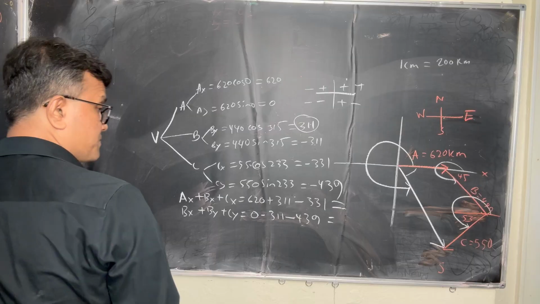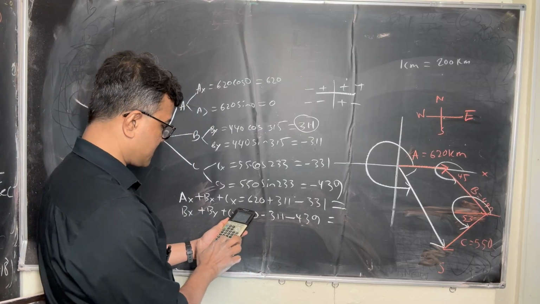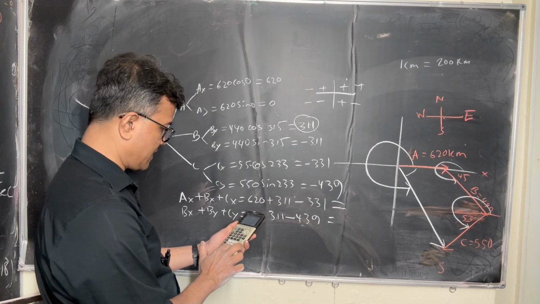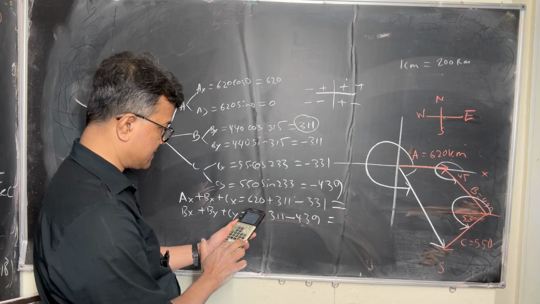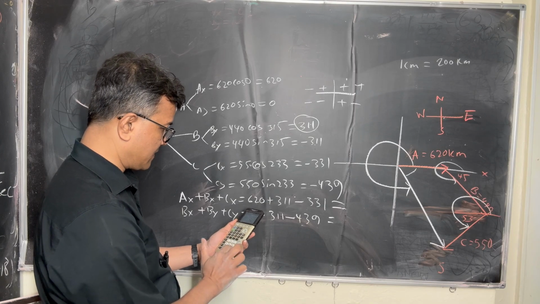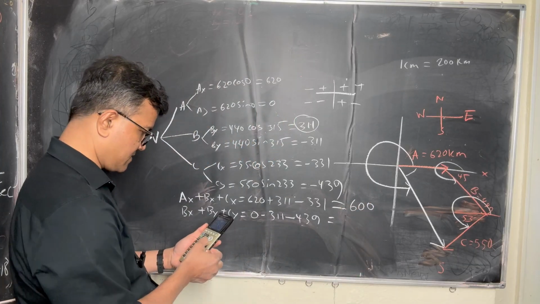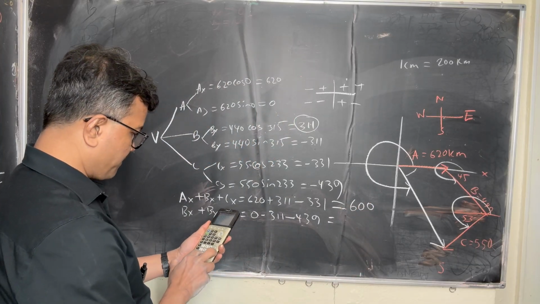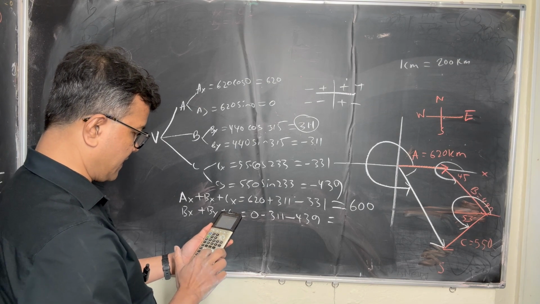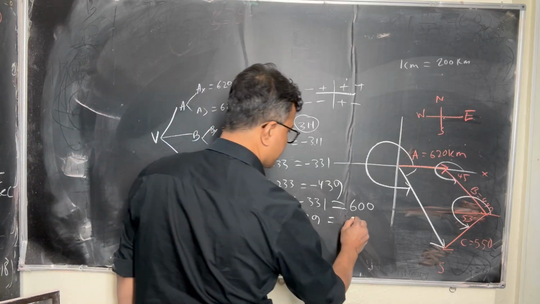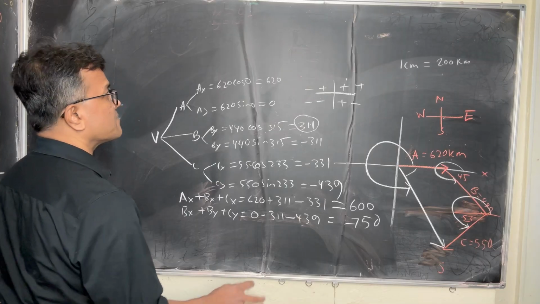All right, so what is it? 620 plus 311 minus 331, that is 600. And 311 plus 439 is 750. Don't forget negative. I don't know whether that is right.